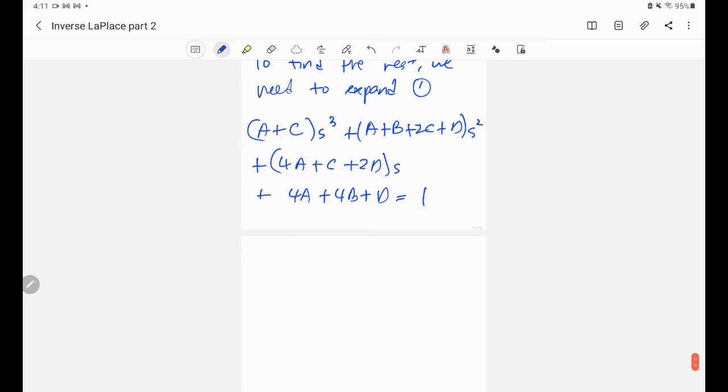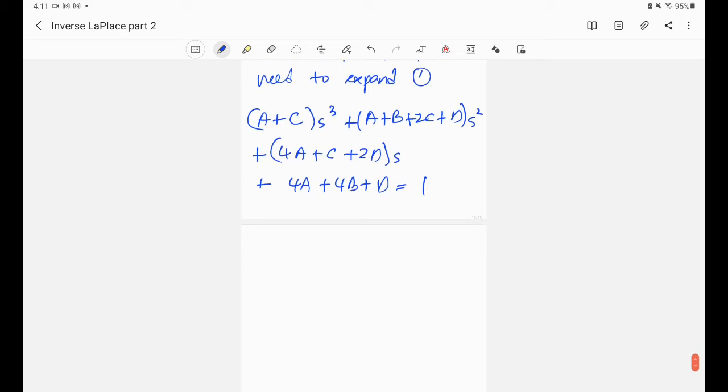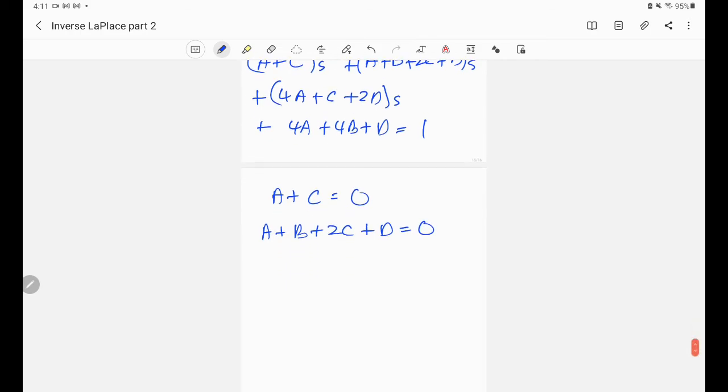Okay, so from this we can make 4 equations. First equation is that A plus C is equal to 0, A plus B plus 2C plus D is equal to 0, 4A plus C plus 2D is equal to 0, 4A plus 4B plus D is equal to 1.